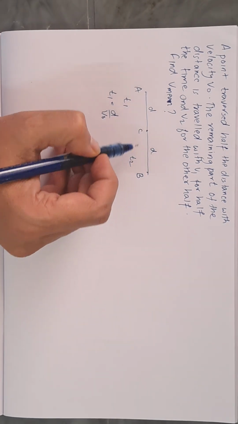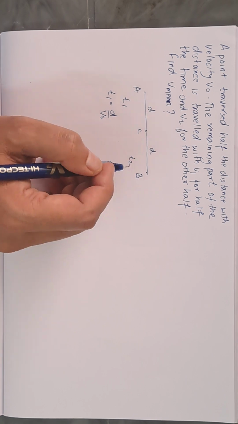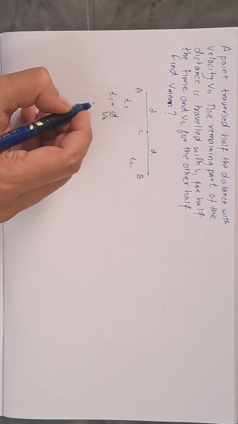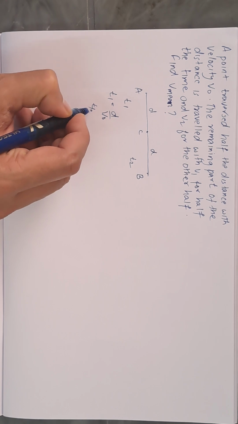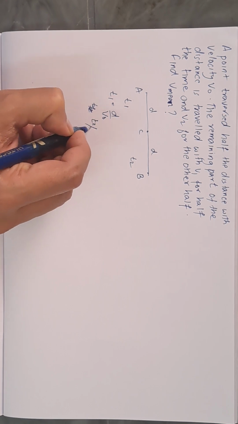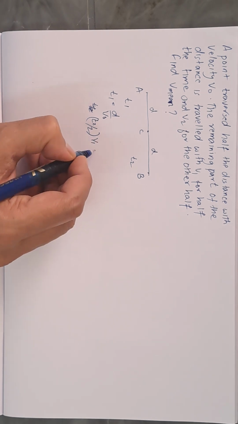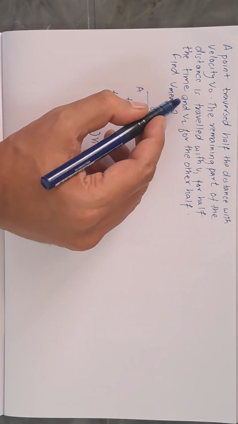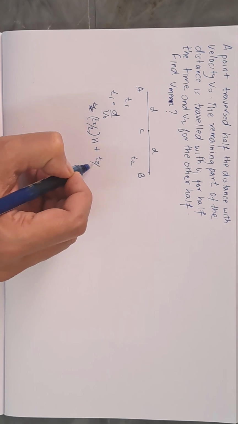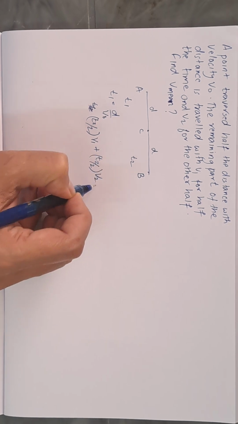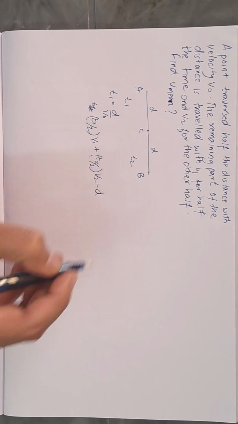Let the time to travel from C to B be t2. Half of t2 it travels with v1, and the other half time it travels with v2. This distance will be equal to again d.